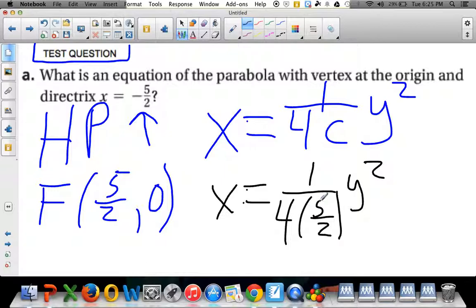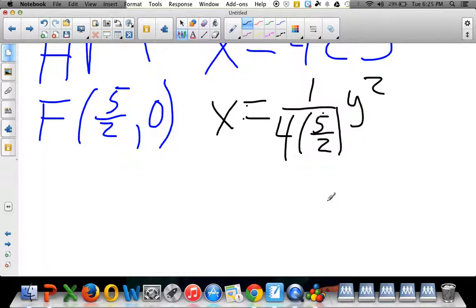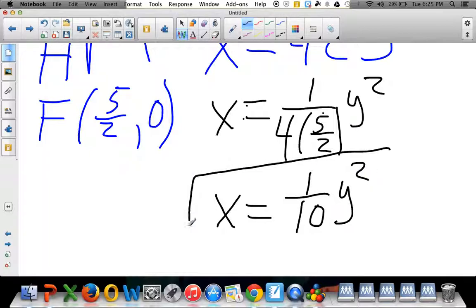And 4 times 5 over 2 is going to give me 10. So I have x equals 1/10 y squared as an answer.